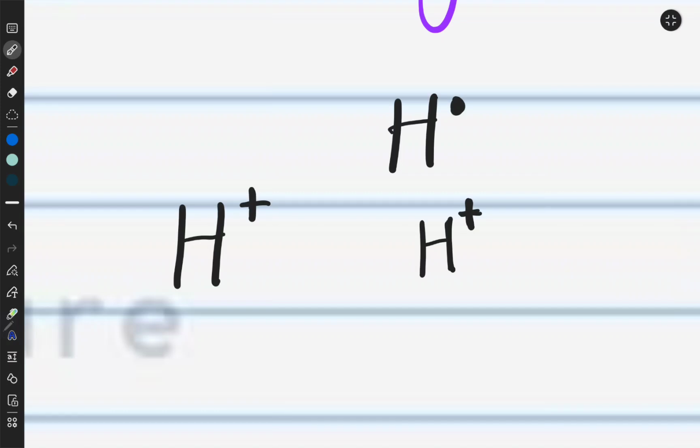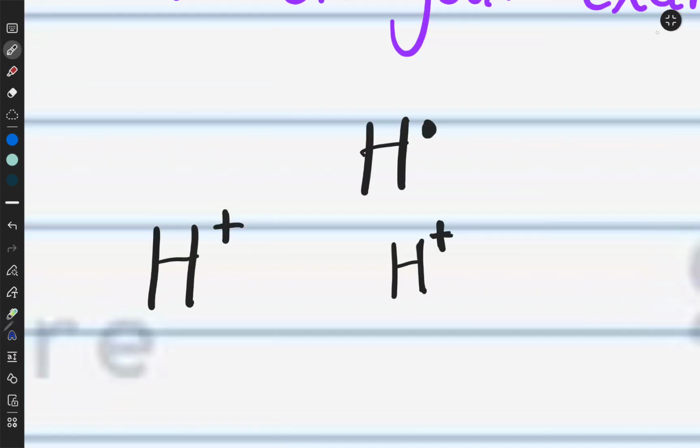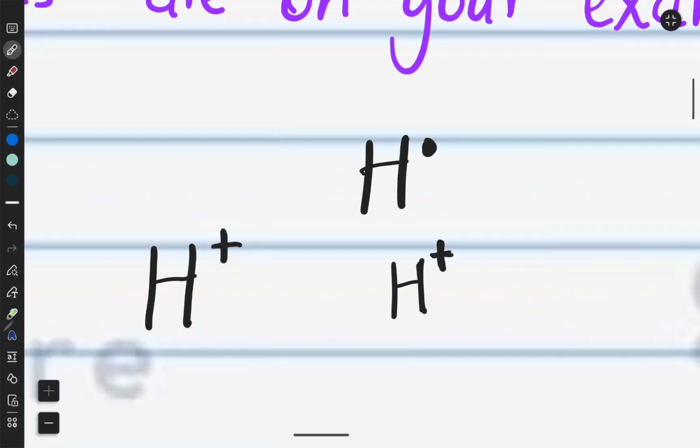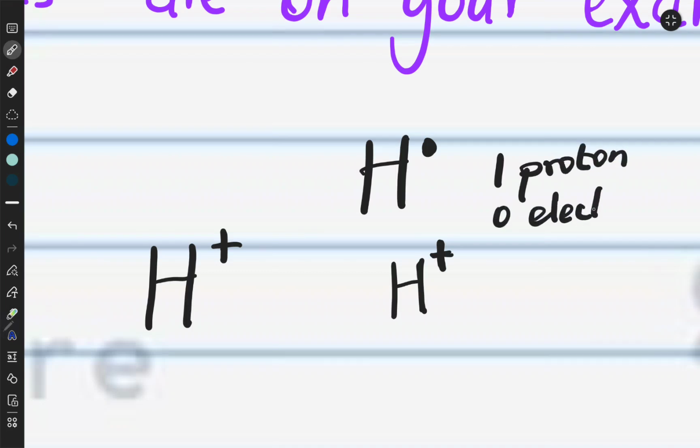So this sign means that, in simple terms, hydrogen has 1 proton and 0 electrons, if you want to think about it like that.